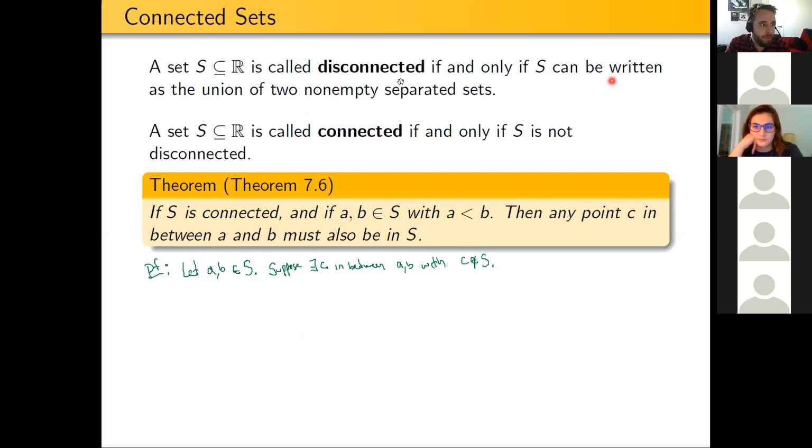I will show that S can be written as the union of two non-empty separated sets, A and B. To do that, I need to find two candidate sets, A and B, with A union B equaling S, with A and B separated, and with neither A nor B being equal to the empty set.